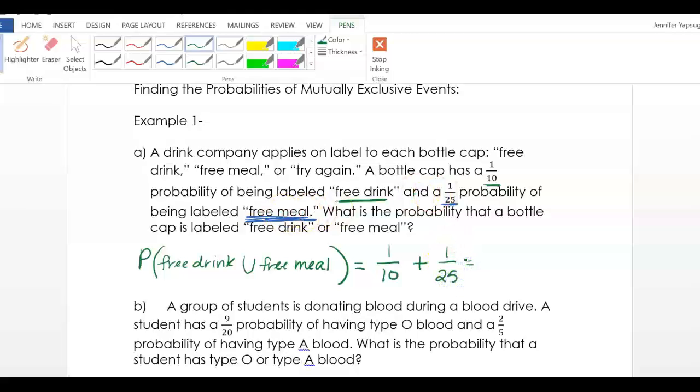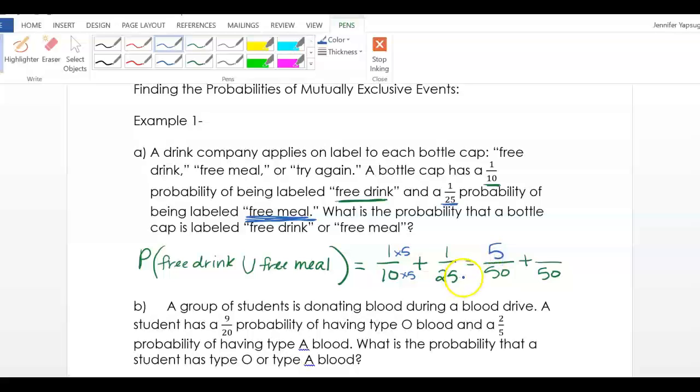So we need to add these fractions together, and we need to make sure that they have common denominators. If I'm thinking of 10 and 25, my common denominator would be 50. So I'm going to change these denominators to 50, but then I also need to change my numerator. I'm going to do this in a different color. I would need to multiply this by 5, so this numerator becomes 5.